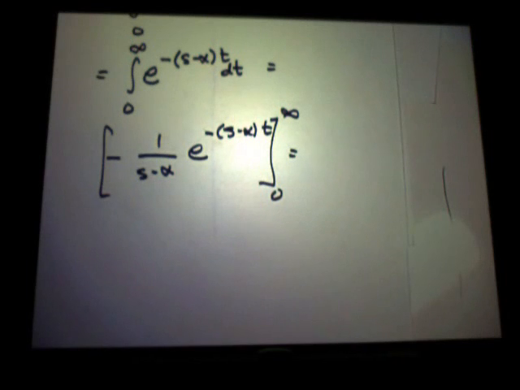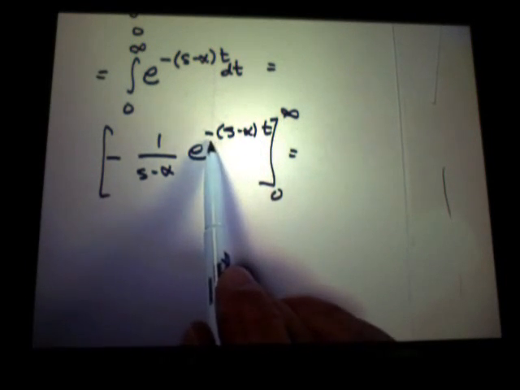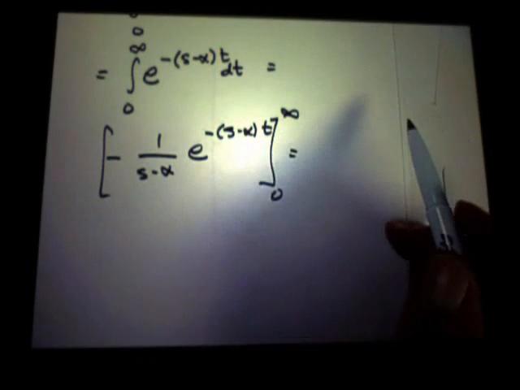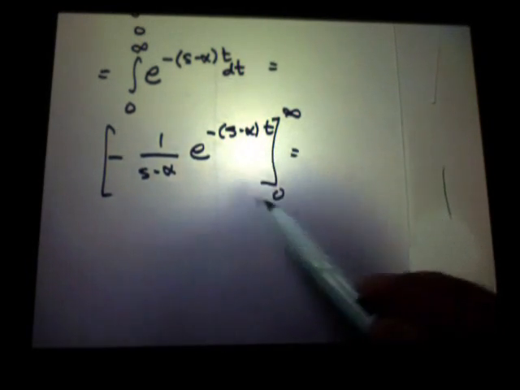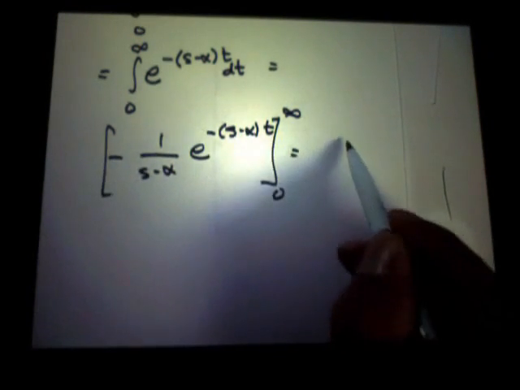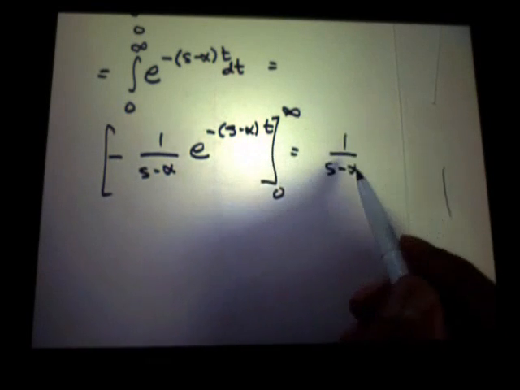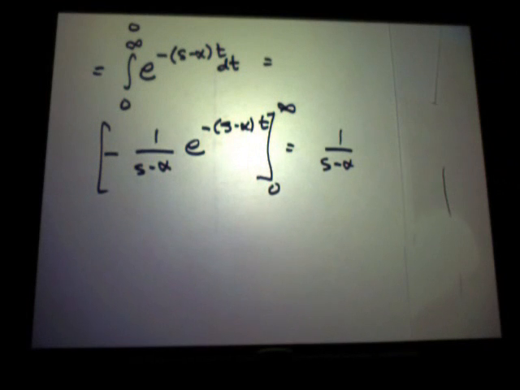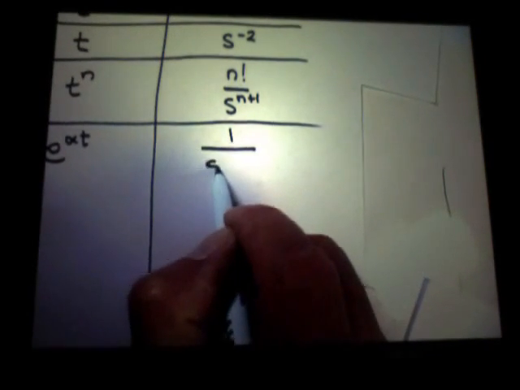So at infinity, this kills everything. At 0, it's 1, but we're subtracting the lower limit, so minus minus makes it plus, which is the transform of e to the alpha t. Okay?